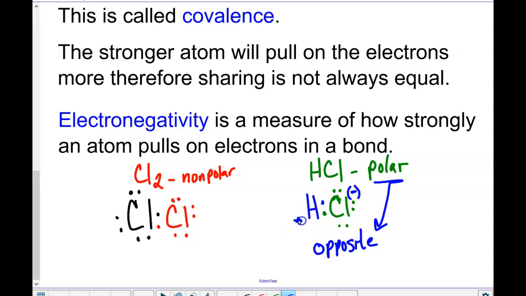And this side is going to get a partial positive charge because with hydrogen, your nucleus is showing. You know, hydrogen is just a positive nucleus and 1 valence electron around an orbital. The valence electron is over to this side. The side that's exposed on the HCl molecule is going to be positively charged, right?